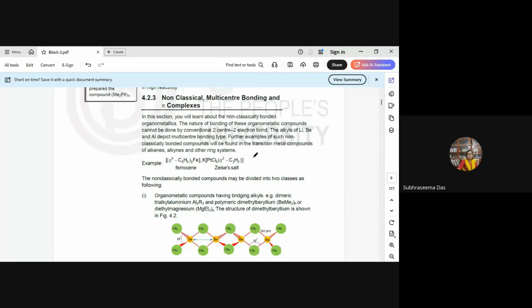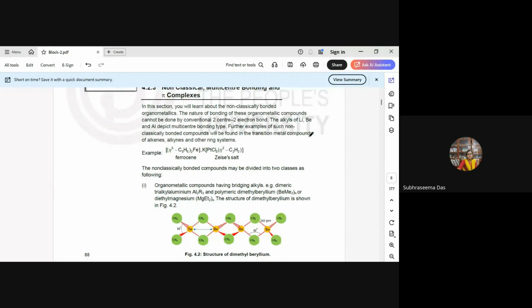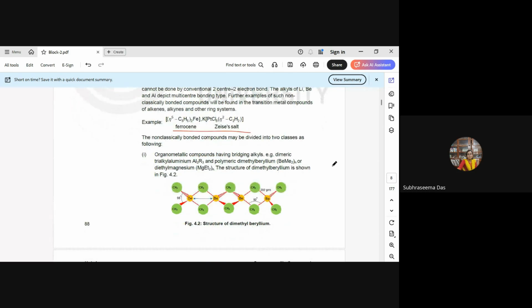That is, the alkyls of lithium, beryllium and aluminum have been known to show multi-center bonding. Further examples of such complexes can be found in transition metals, like the common example here, Zeise's salt or ferrocene. The non-classically bonded compounds may be divided into two classes.